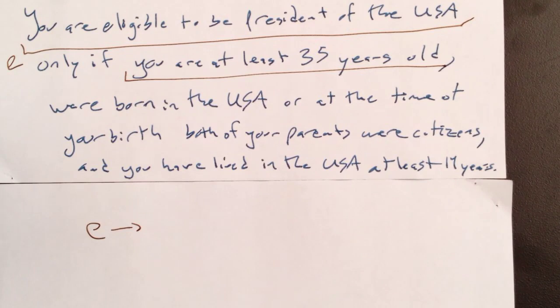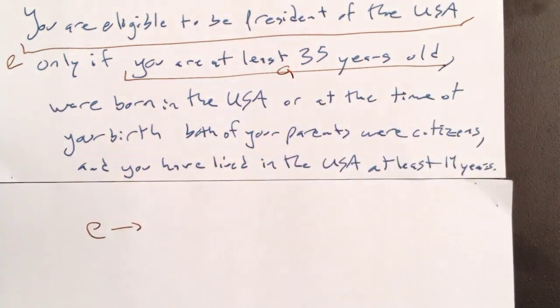That's talking about age. A. Comma. I don't know what that comma represents yet. Were born in the United States is either true or false, yes? So there's another piece I can use.